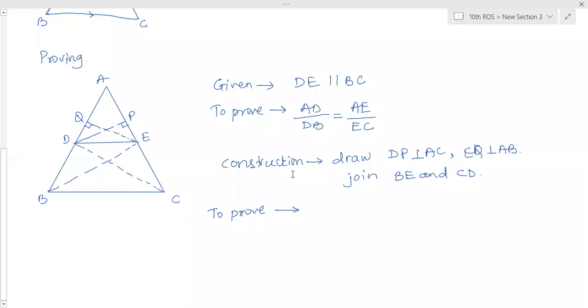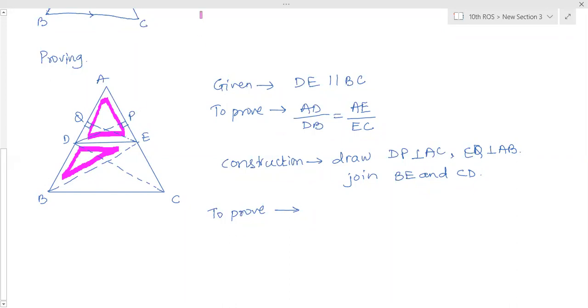Now the proving part. To prove, we have to take the ratio of areas of triangles. First we take triangle ADE, and on the same base, triangle DEB. We have to take two ratios. One is triangle ADE, and along with that we take the ratio with triangle BDE.